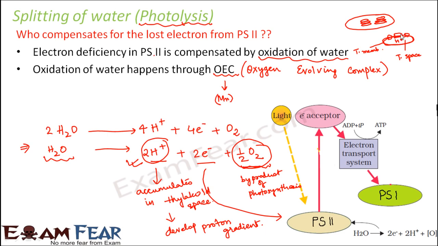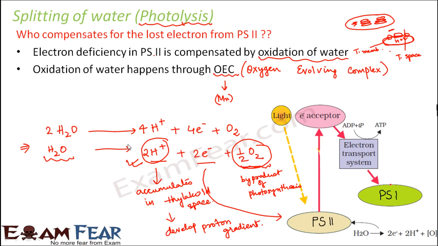The energy released during electron transport chain. It helps to transport protons from stroma. This is stroma, right? Right now I am talking about the thylakoid. So protons are sent inside. So the proton concentration inside the thylakoid increases and the proton concentration in the stroma decreases. That is how a proton gradient is created. Now we will see how that proton gradient helps. So we will talk about that also.